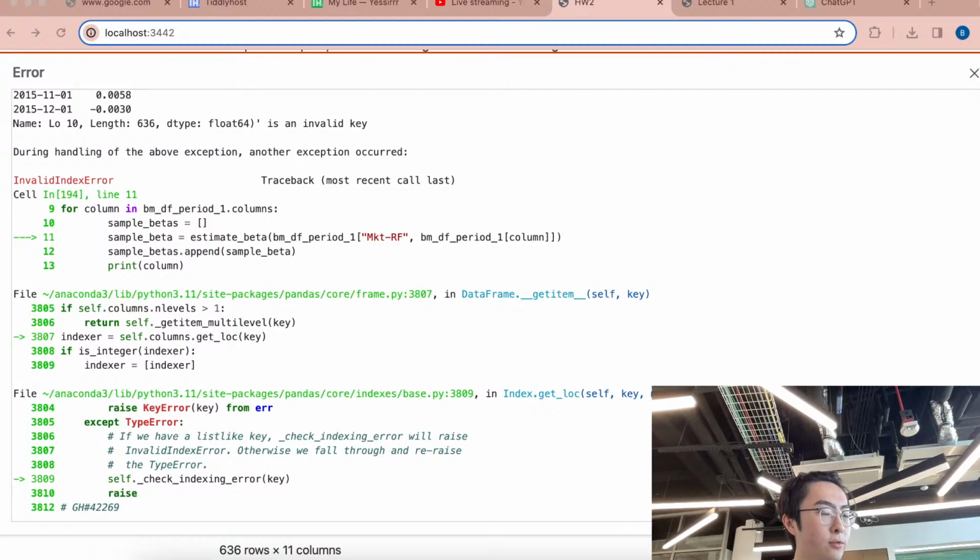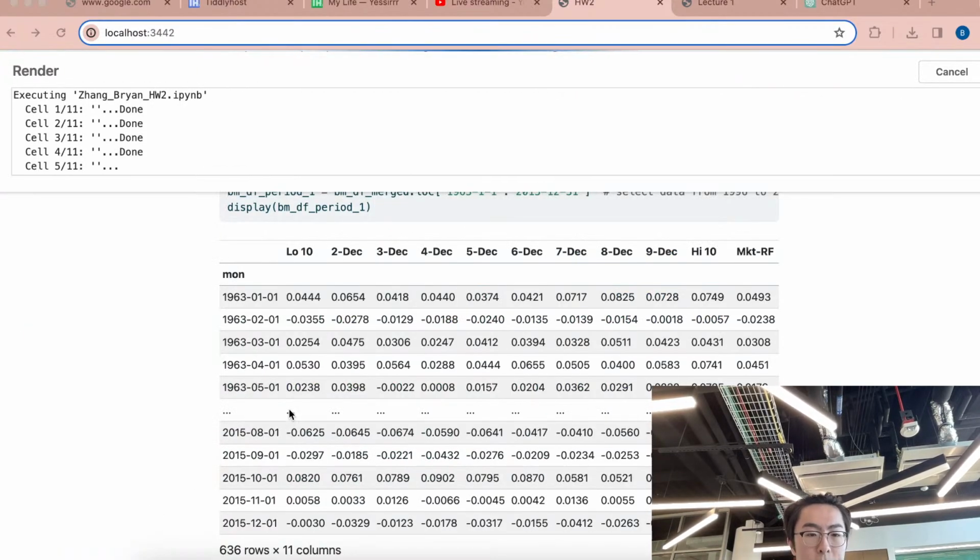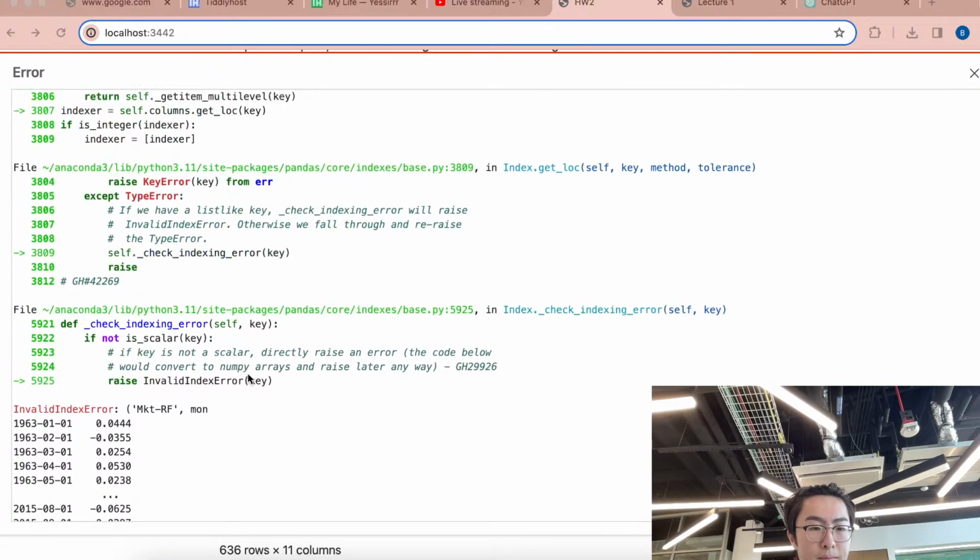So I'm confused as to why there's a 1 in here, like a month variable.